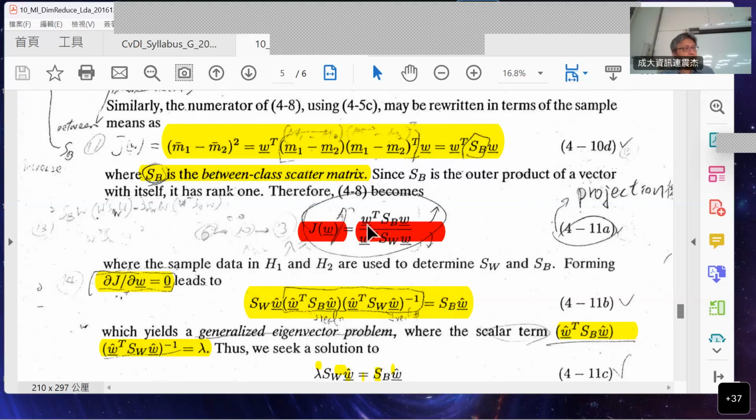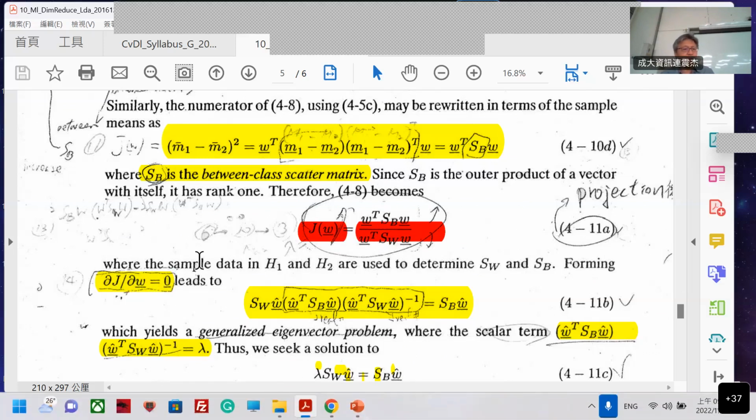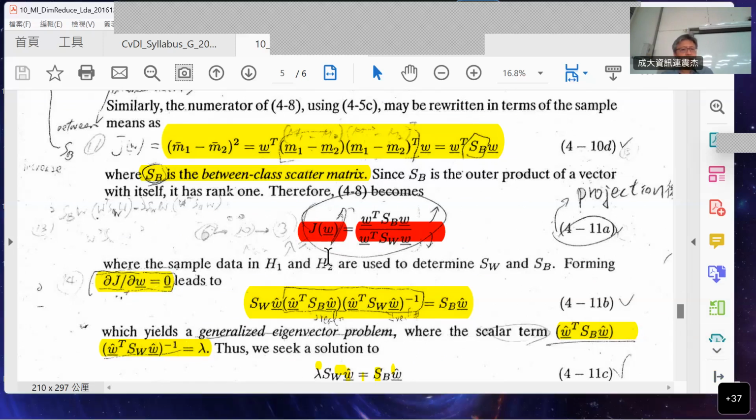W, the rotation vector. Okay, so what we do is directly take the derivative. We want to find W, so we directly differentiate with respect to W, like here. And this one, I write the equation here.